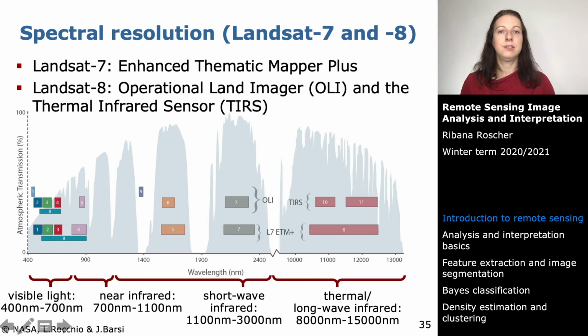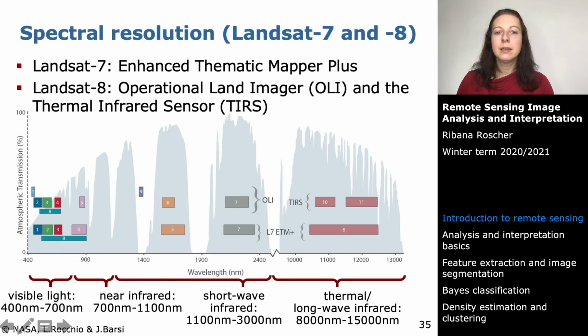And Landsat 8 has 2 sensors on board, which are the Operational Land Imager and the Thermal Infrared Sensor. And you can see in this plot a part of the whole electromagnetic spectrum. And these colored boxes indicate which wavelengths and in which range the instruments record and acquire some information.